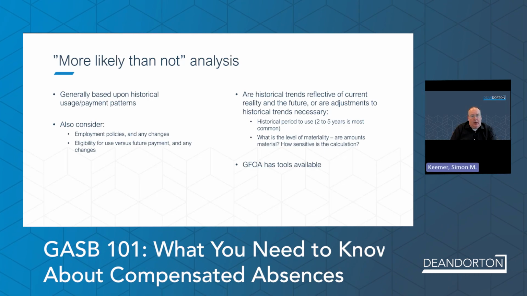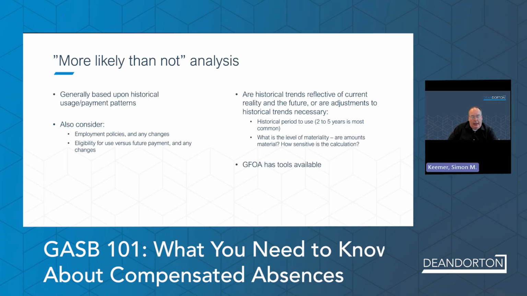So now when you get to this more likely than not analysis, I have 3 separate buckets that I need to analyze. I need to analyze my vacation pay, and then my sick pay, and then my unrestricted sabbatical pay. You don't just take the accrued when earned bucket and apply the same rates to everything.